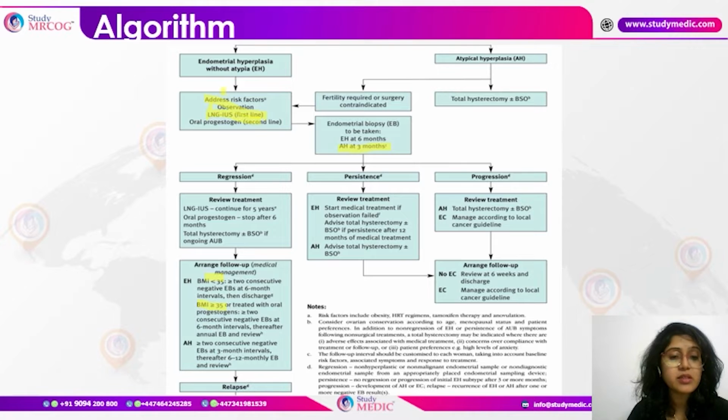Please remember this equal to sign, because they can give you a BMI of 35 and you shouldn't be confused about where it falls. For BMI greater than or equal to 35, you treat with two consecutive negative endometrial biopsies at a 6-month interval, and then go for an annual endometrial biopsy and review. For atypical hyperplasia, similarly, two consecutive negative endometrial biopsies, but taken at an interval of 3 months, and then 6 to 12 monthly endometrial biopsy and review.